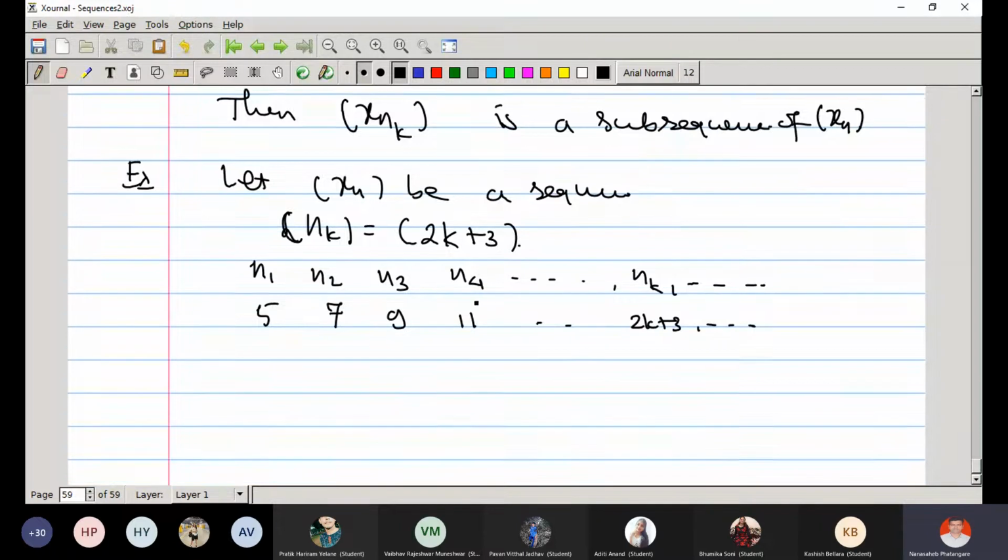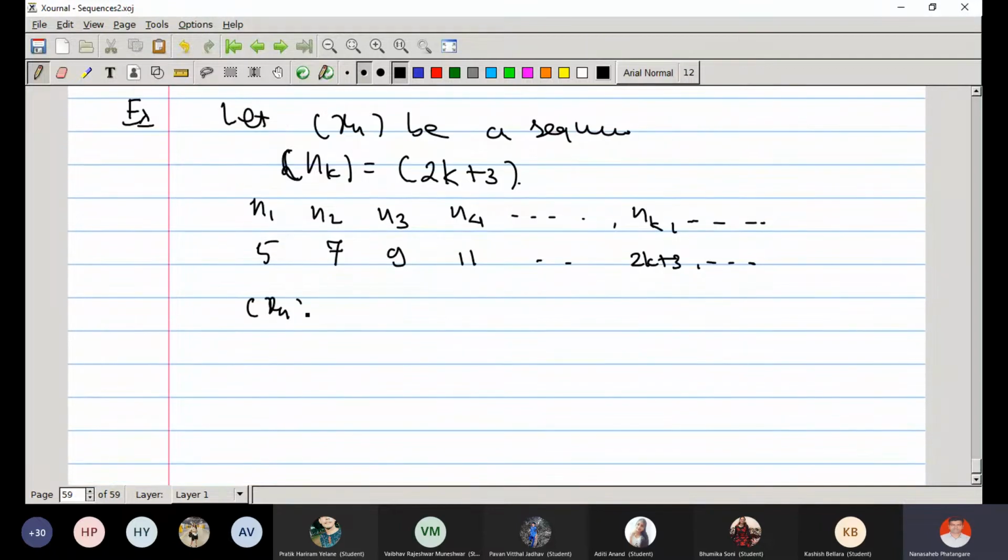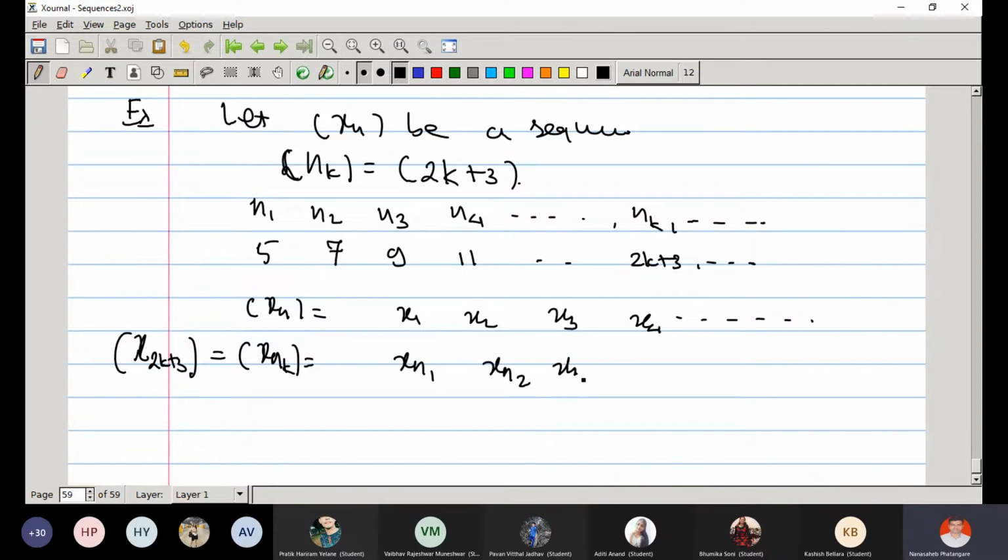Now, if you look at the original sequence xn, what are the terms? x1, x2, x3, x4, and so on. Now, what is xnk? Xnk is x2k plus 3. And what are the terms of this sequence? xn1, xn2, xn3, xn4, and so on.